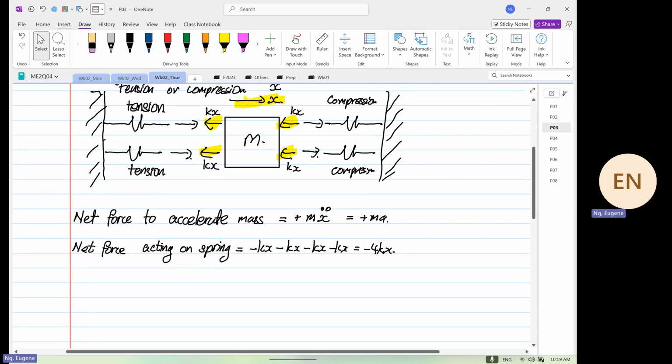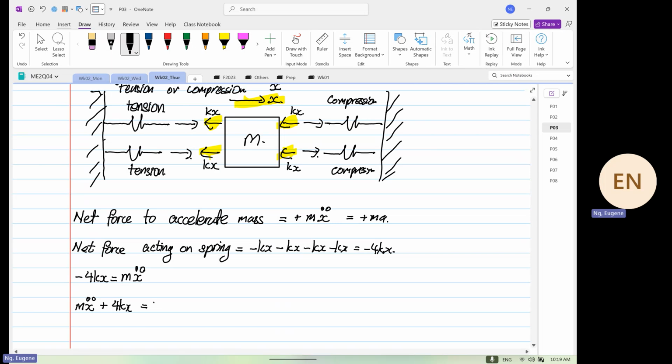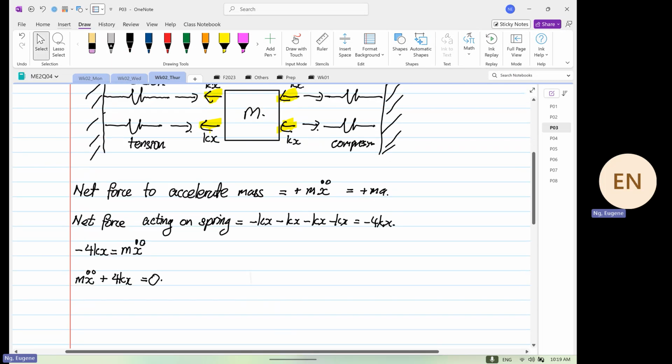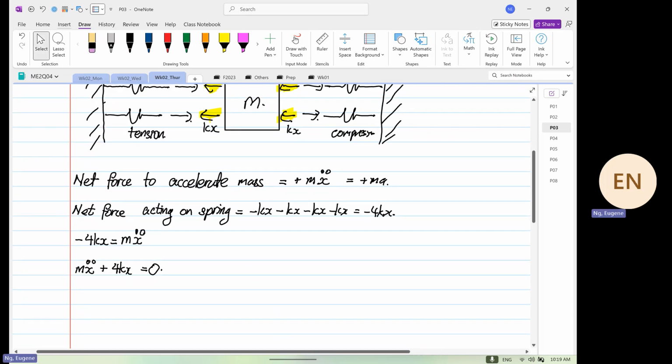So when you write up the equation, minus 4 kx is equal to m x double dot. Plus 4 kx, the whole thing will be equal to 0. So from here, we have x double dot plus 4k over m x, which is equal to 0.